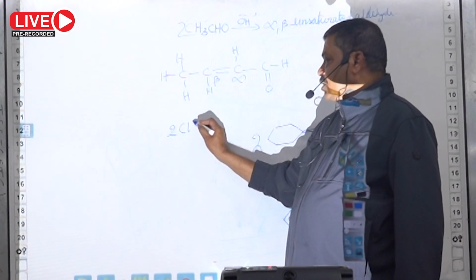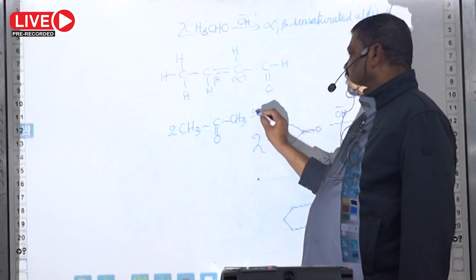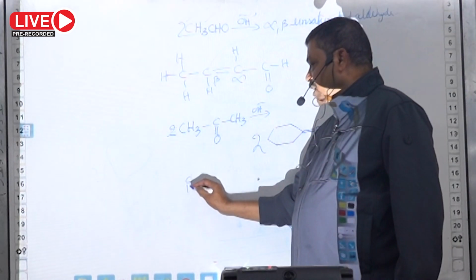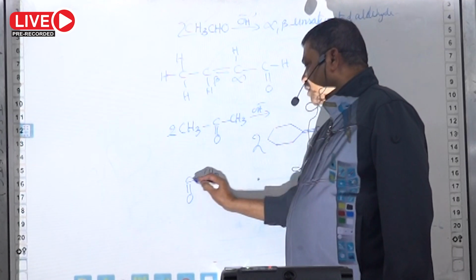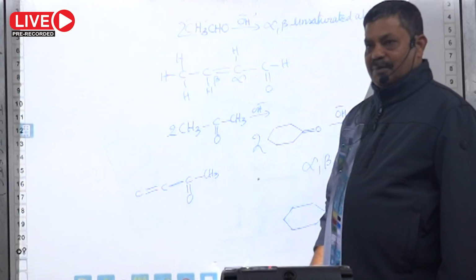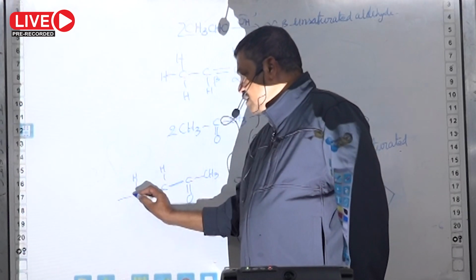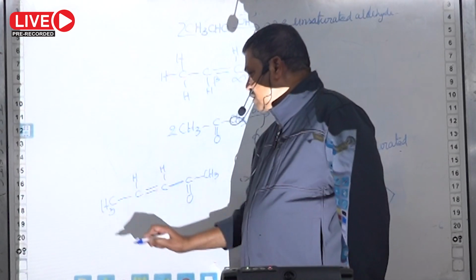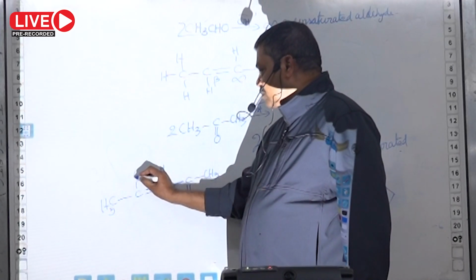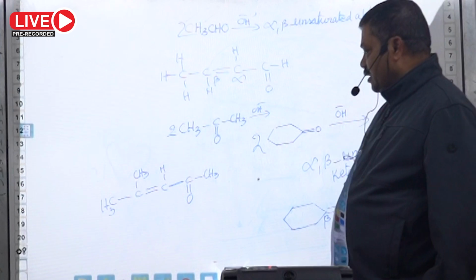Suppose you want to do it with CH3COCH3, acetone. What is the product? C double bond O, you write. The adjacent carbon is alpha. The adjacent is beta, double bond. Carbons also count. How many carbons? 3, so total 6 carbons should be there.